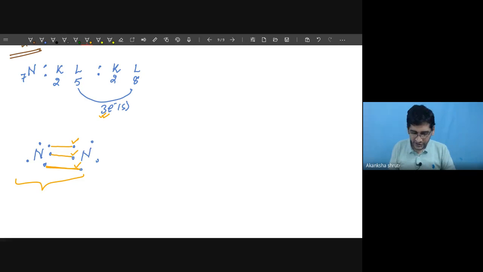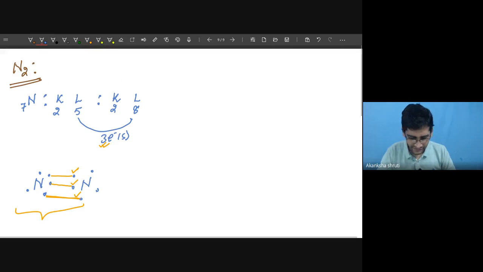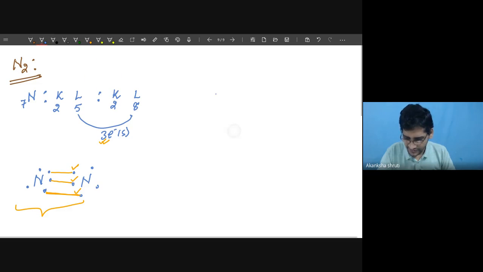So how to write the structure? The structure is very simple. Let me draw it. I'm drawing the structure here: nitrogen and another nitrogen. Let me draw the electrons like this. Here we will share the 3, drawn in the same line.